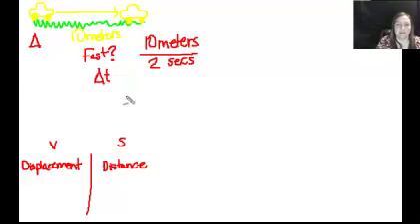In 2 seconds, it moved a distance of 10 meters. Now we can divide 10 by 2 and determine that our car moved 5 meters per second. Because if it moved 10 meters in 2 seconds, then it really moved half of that in 1 second. So that's 5 meters per second.